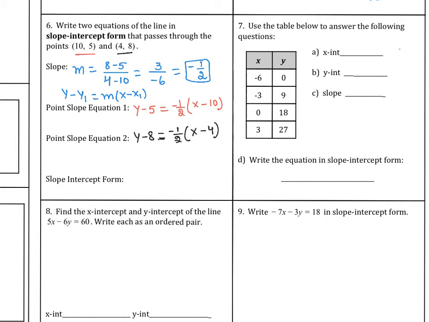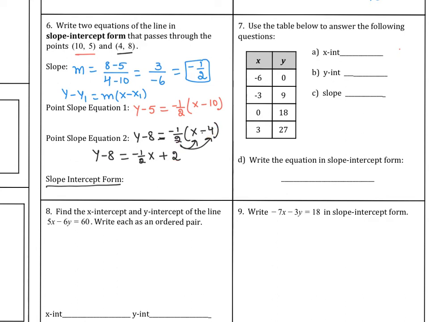Now I'm going to write this equation in slope-intercept form, which means we are going to isolate the y. First you're going to do the distribution of negative 1 over 2. You're going to get y minus 8 equals negative 1 over 2 x plus, since negative times negative is positive, 1 over 2 times 4, which is 4 divided by 2, that's going to be 2.